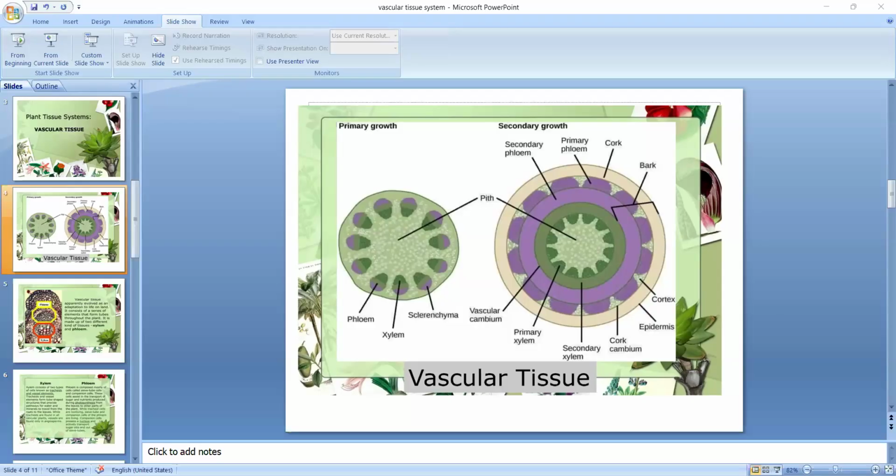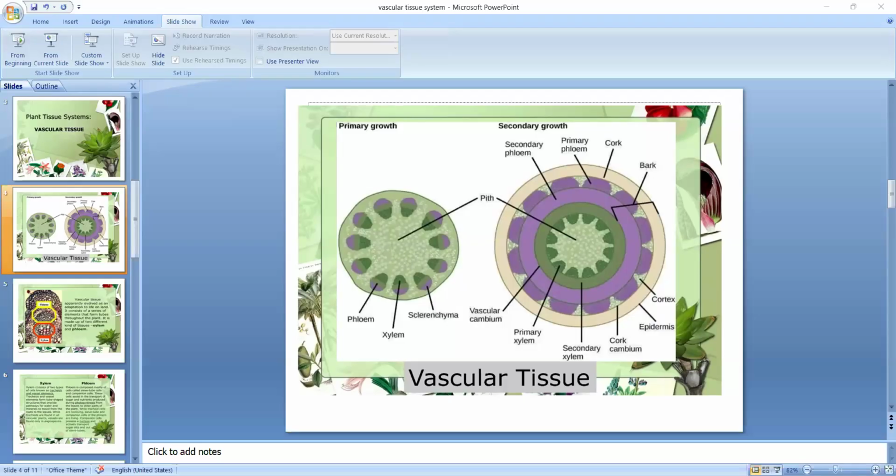I'll discuss these two terms: which one is called ray initials, and which one is called fusiform initials. The vascular cambium is made up of two basic kinds of initials, first ray initials and second fusiform initials. Ray initials give rise to parenchymatous medullary rays.